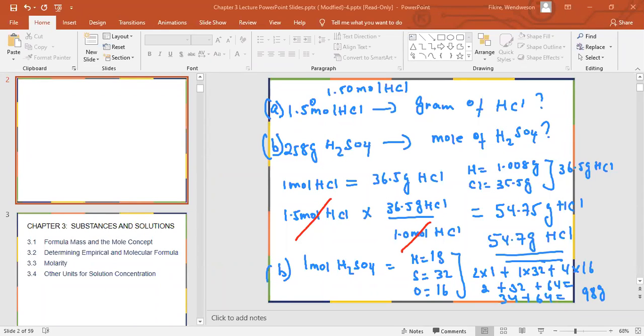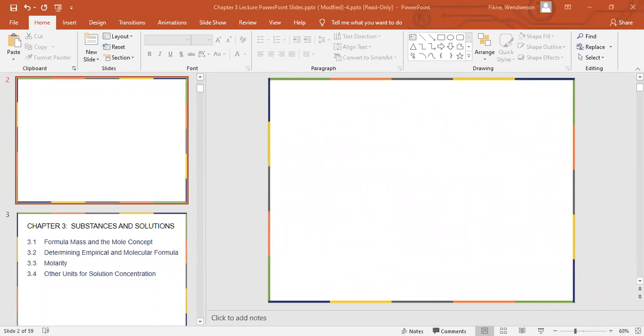So if that's the case, then how many moles do you have in 258 grams of sulfuric acid? What you can do here is, 1 mole of sulfuric acid, we already calculated, is 98 grams. So if you have 258 grams, how many moles do you have?